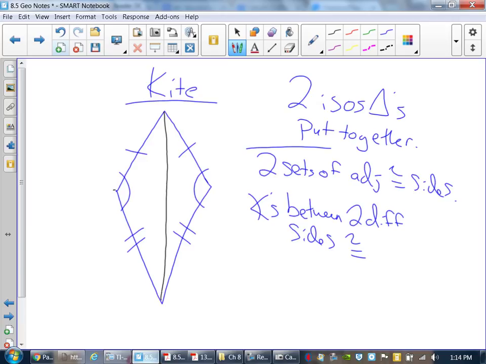So diagonals will be perpendicular. And the segment between the congruent angles are always bisected.